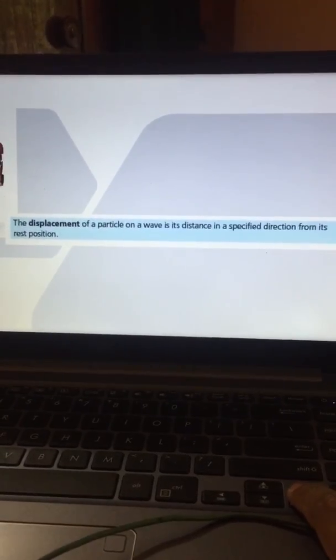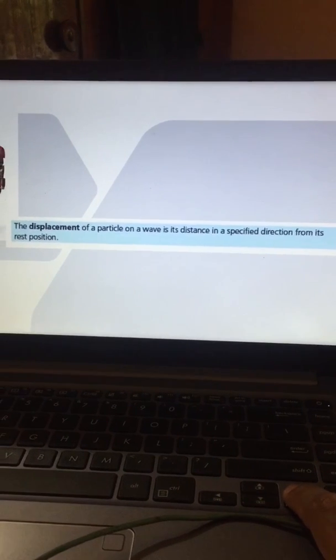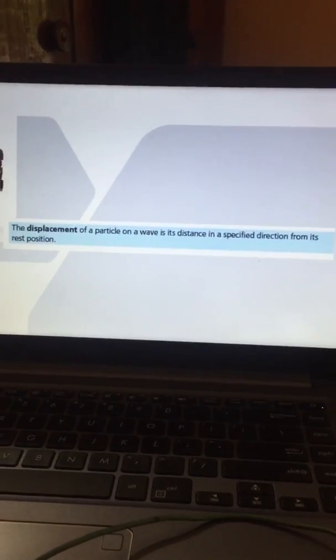The displacement of a particle on a wave is its distance in a specified direction from its rest position. When you are defining displacement in the context of a wave, one of the common mistakes students make is to define displacement generally, as the shortest distance between 2 points in a specified direction.